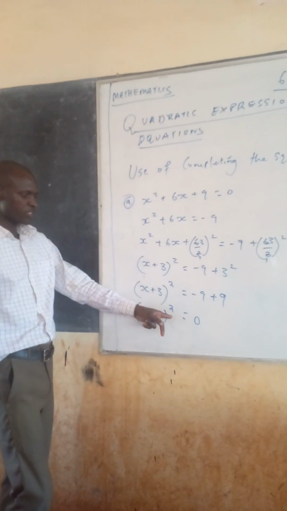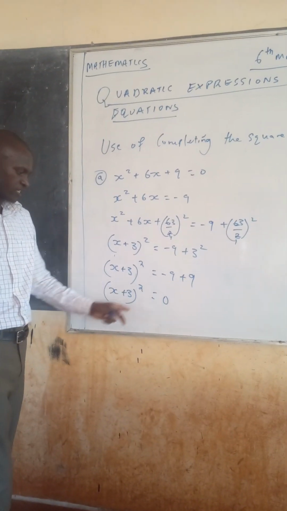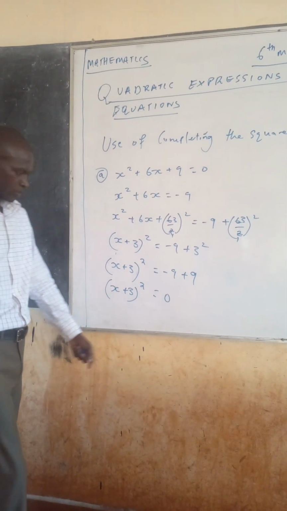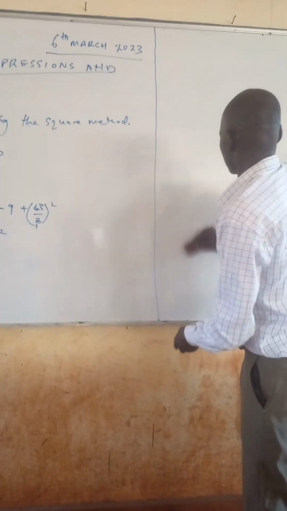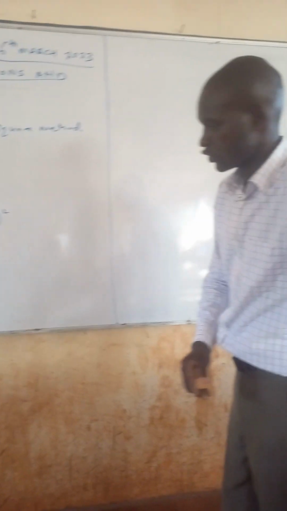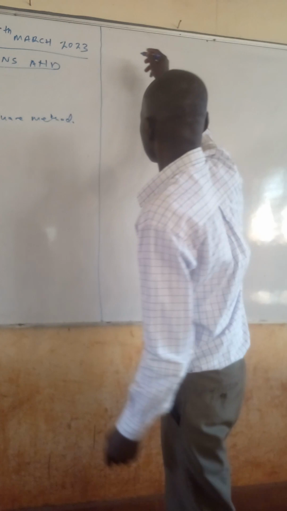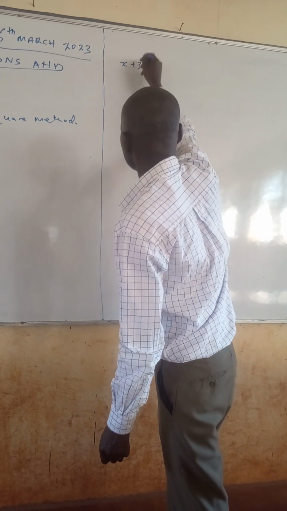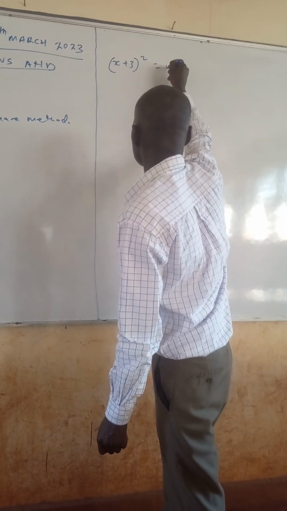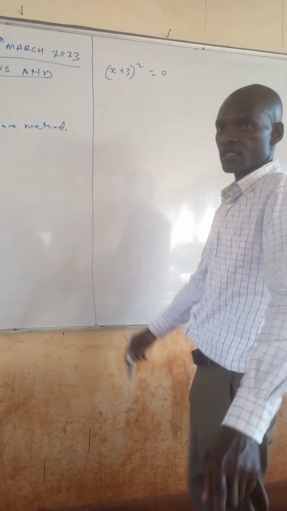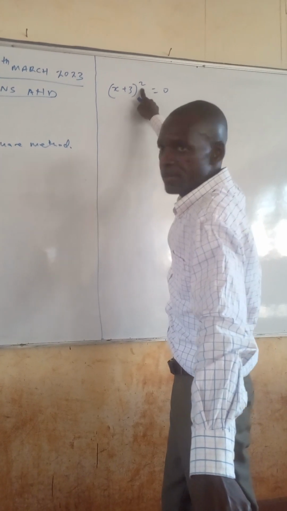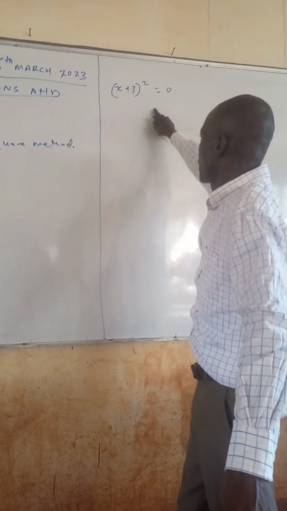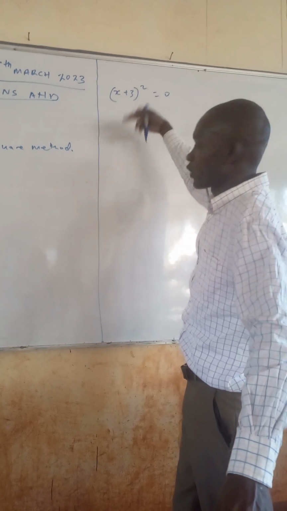Having obtained this, we can get the value of x. We take our expression, x plus 3 raised to the power of 2 is equal to 0. Because this has been raised to the power of 2, our answer will have to repeat itself.